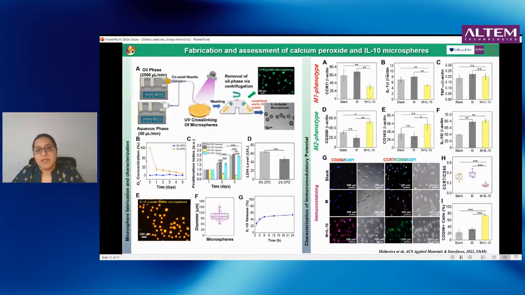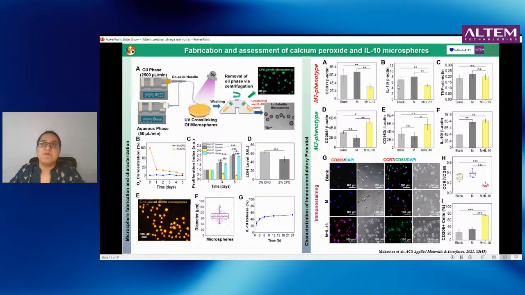We also characterized these cardiac patches for their immunomodulatory behavior. By immunomodulatory, we mean that when there is an environment where hypoxia or tissue necrosis has occurred and the cardiomyocytes are dead, you have cells that infiltrate there, disrupt the surface, and promote inflammatory molecules and downstream signaling.